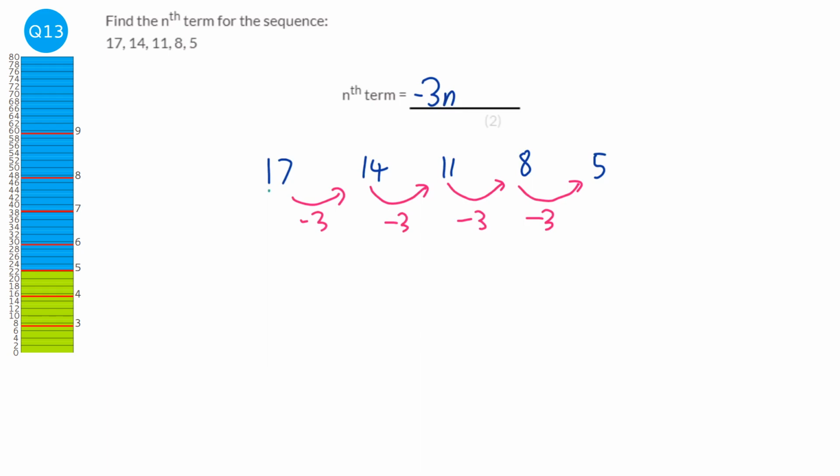Then what we do is we go backwards to find the 0th term. So actually going backwards, we would add 3 and we would find it to be 20. So whatever number's our 0th term, because 17 is our first term, is going to be what we add to the minus 3n. So it's going to be add 20. So our answer is minus 3n plus 20.